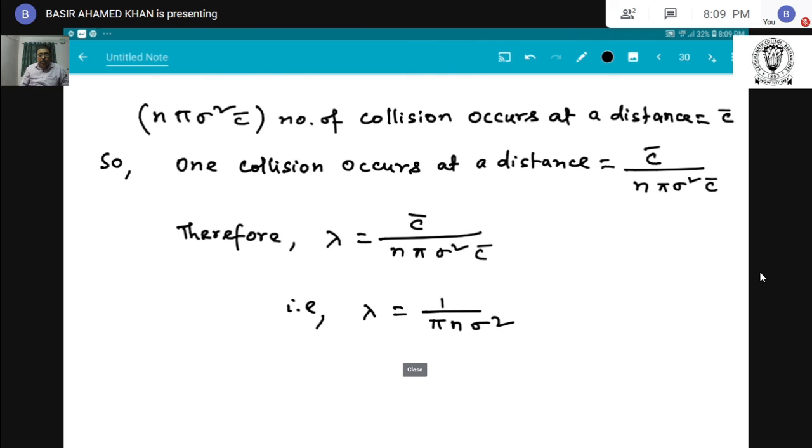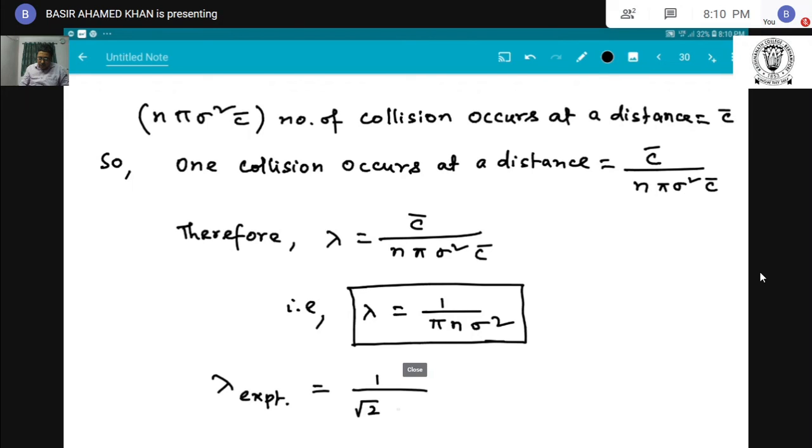This is the theoretical estimation of the mean free path, but practically the experimental value of lambda is 1 by root 2 into pi n sigma square.